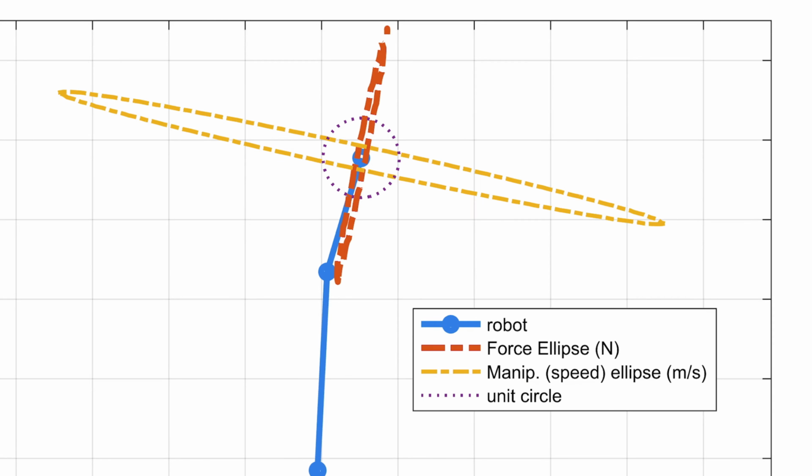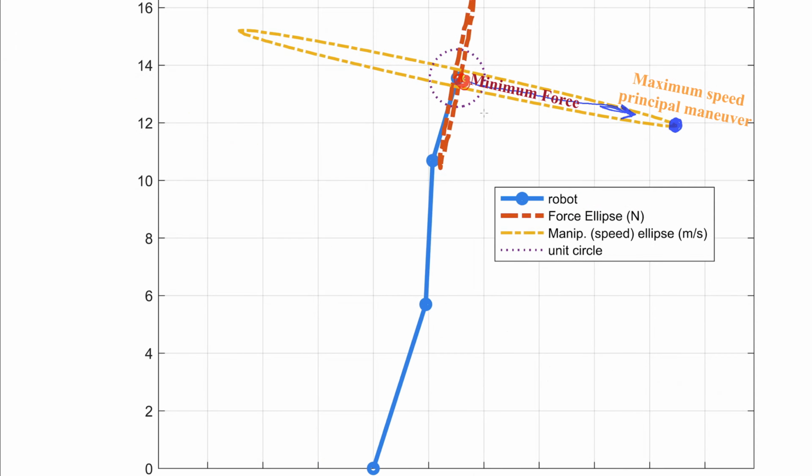And as we can see, the principal maneuvers are perpendicular. So this principal maneuver means that we can move the end effector at a very fast speed in this direction, but we can make very little force if applied in this direction, because it's sort of perpendicular to the line in which the robot is almost aligned, and a small force makes a great torque that cannot be compensated.